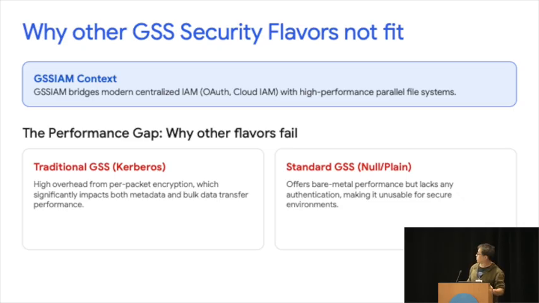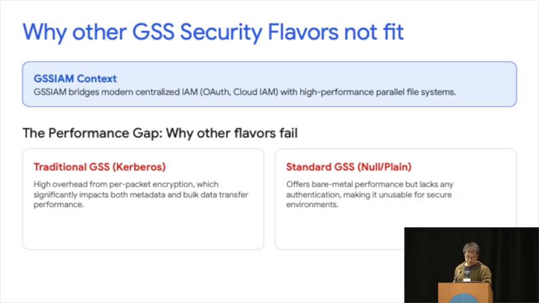On the other hand, Kerberos only verifies who you are, nothing else. It basically proves your identity. It doesn't verify the resource or the subdirectory, anything. And the other standard GSS flavor is basically none. There's no protection, so it cannot be used.